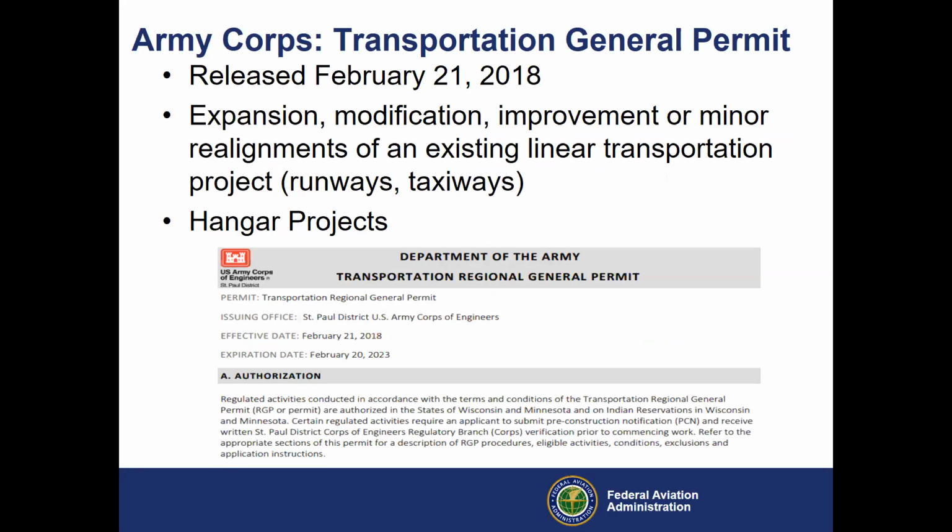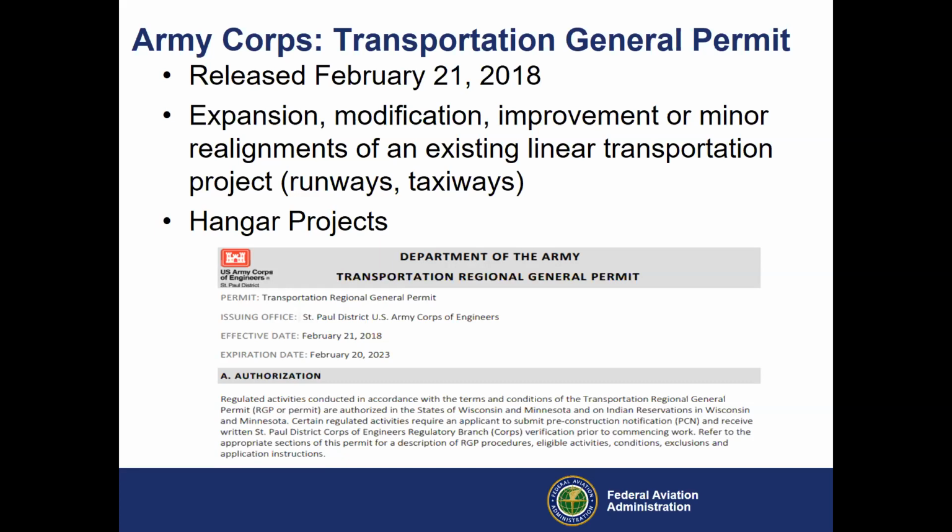Now, if you had, let's say, some wetlands on your airport that were identified as a wildlife hazard, and you're getting into that, a couple acres of removal, this transportation general permit would not apply. It has to relate to a transportation project primarily. So keep that in mind. Again, very useful. There's roughly a 3-acre threshold on the permit.